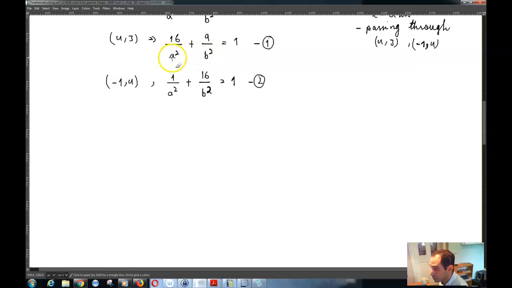So what you can do is that in equation number 1, I can write a squared b squared, and over here I can write 16 b squared plus 9 a squared is equal to 1.